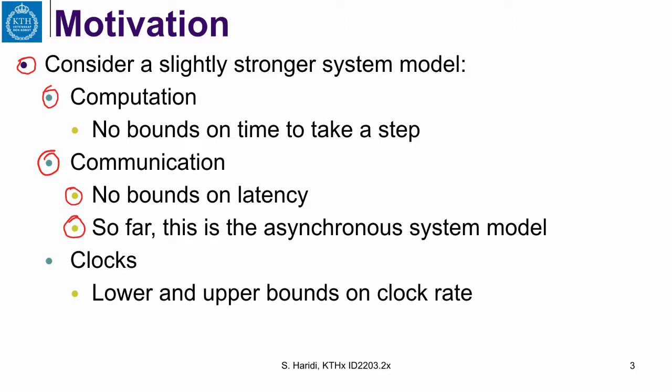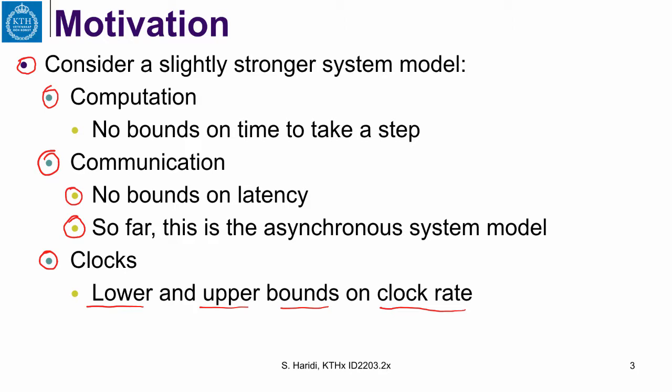But now we introduce a little extra concept, which is physical clocks at each process. And what is the assumption about the physical clocks? Processes have physical clocks, but the lower and upper bounds on the clock rate are defined, which means how many ticks a clock can do in 1 second is well defined and stays within an upper and lower bound.